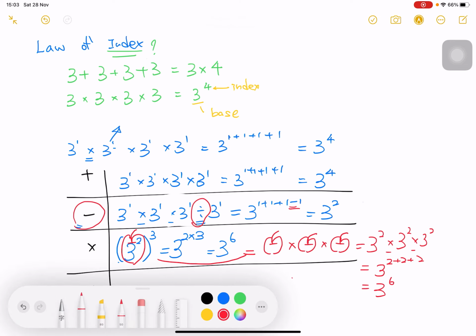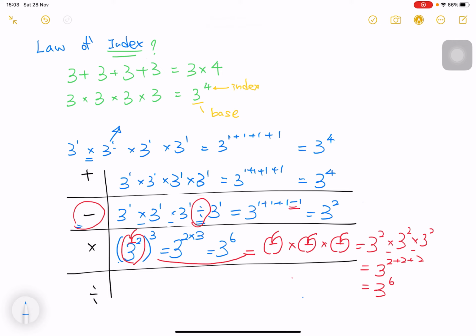And the last one is the division side. So what operation in the normal part will become the divisions in the index? It will be talking about the roots, like the root of 3 to the power of 4. This one will be equal to 3 to the power of 4 divided by 2.